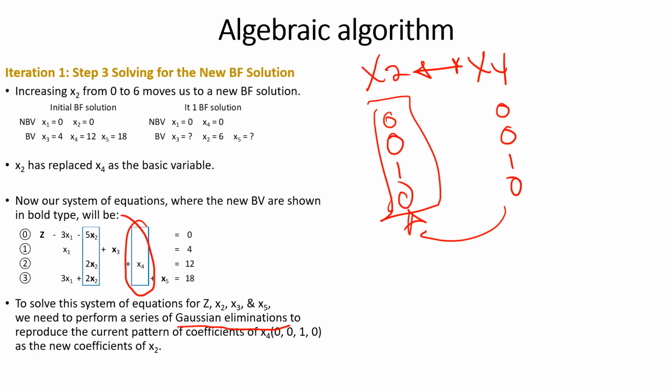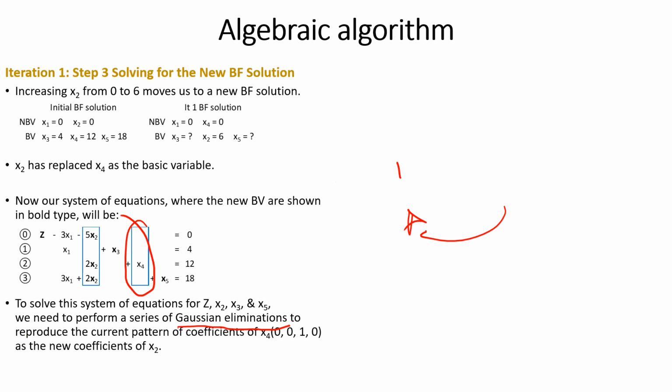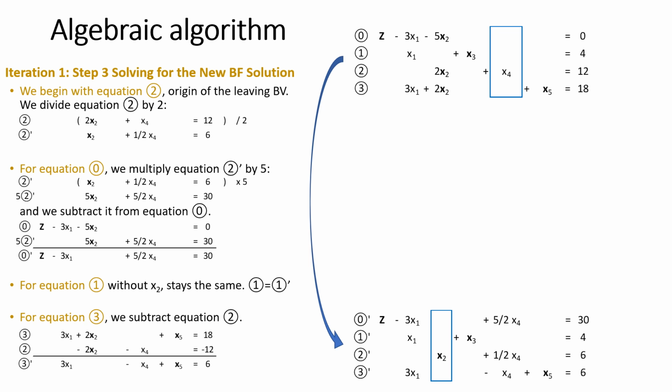Right now, my pattern is 5, 0, 2, 2. So I have to do some algebra in order to make all these eliminations and have the new pattern for x2. How are we going to be able to put this 0, 0, 1, 0 pattern in x2?